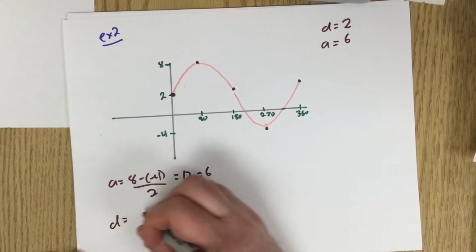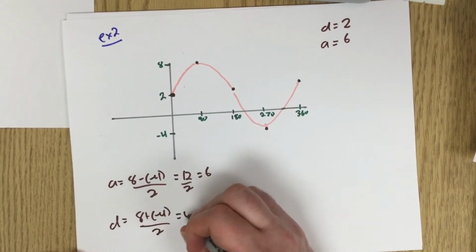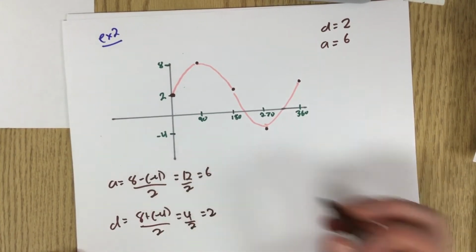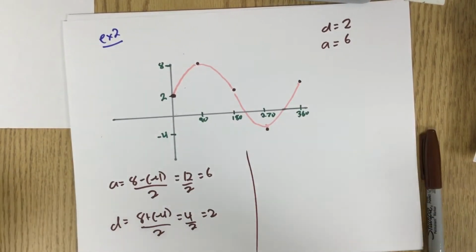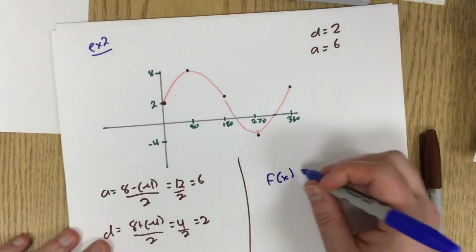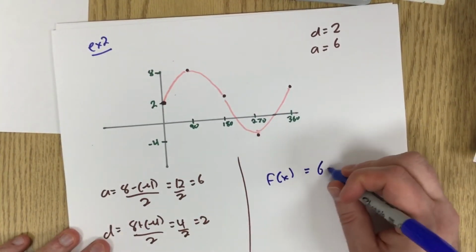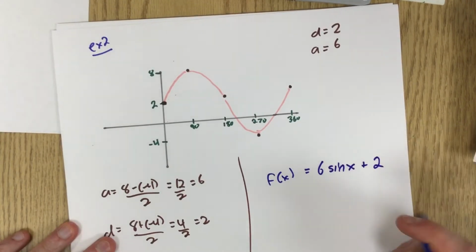And the d is going to be 8 plus negative 4 over 2, which is 4 over 2, which is 2. Either way, the answer is that f of x equals 6 sine x plus 2.